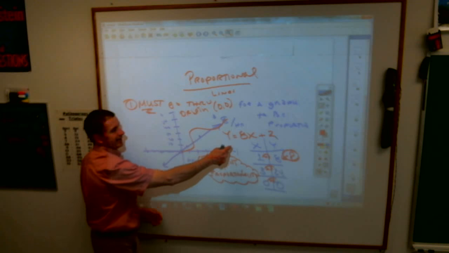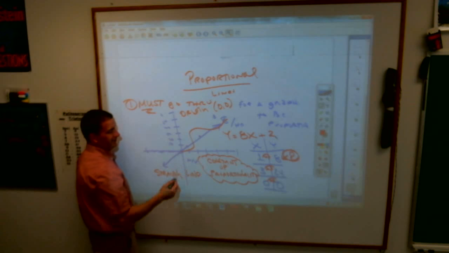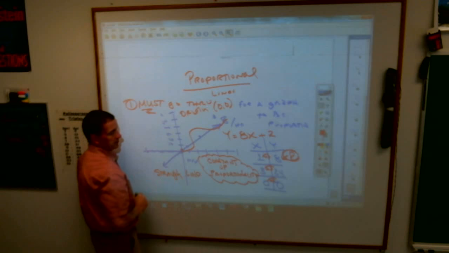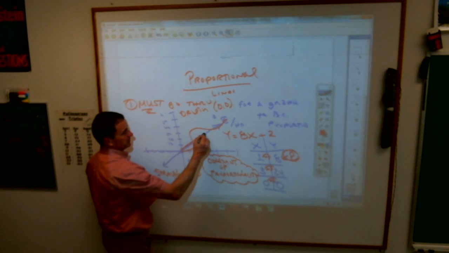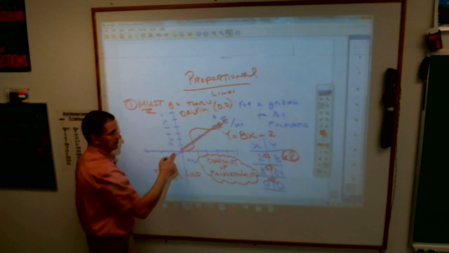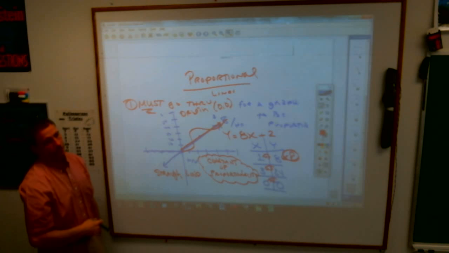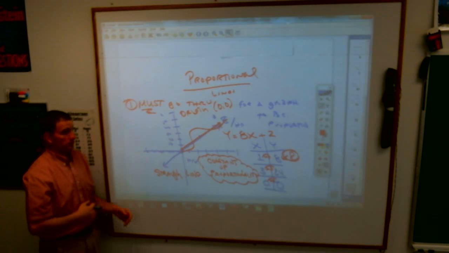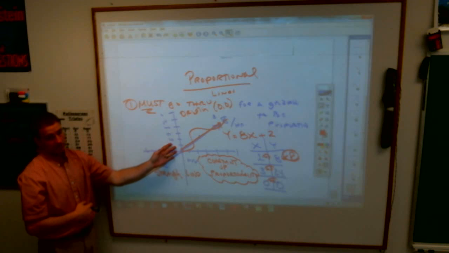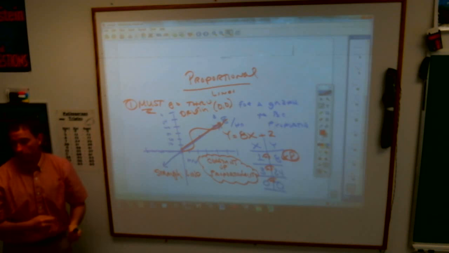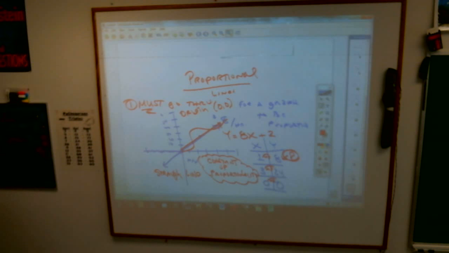Yeah, that's my y-intercept. Even if you work 0 hours, you make $2. You're still going to get the same line with the same slope, it's just going to be a touch higher than the one we started with, but it's no longer proportional, because for things to be proportional, it has to go through the origin. Then we made $2 extra. Constant of proportionality. Now, what do they ask us in this thing here?